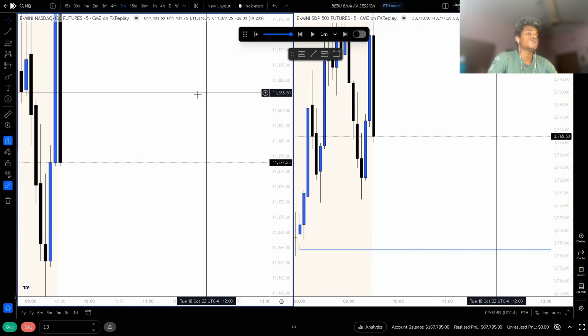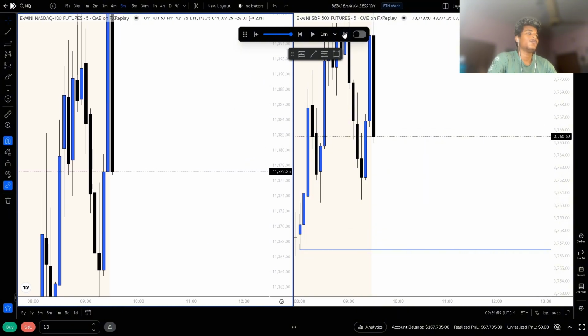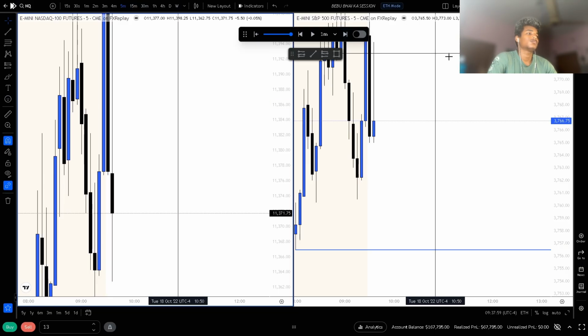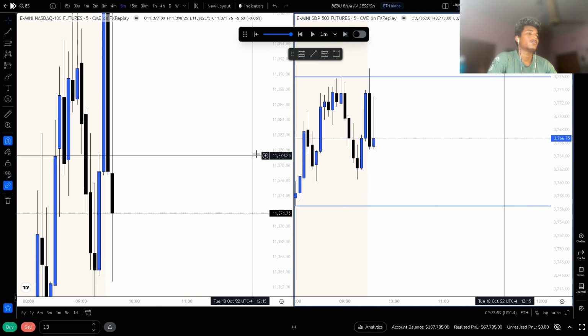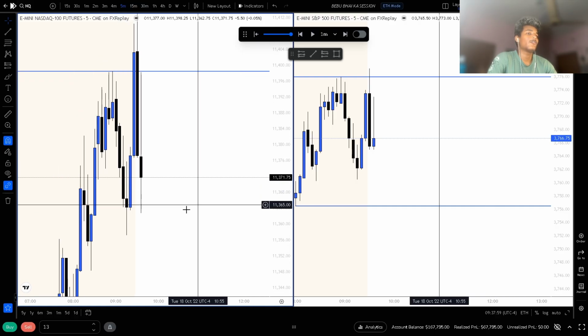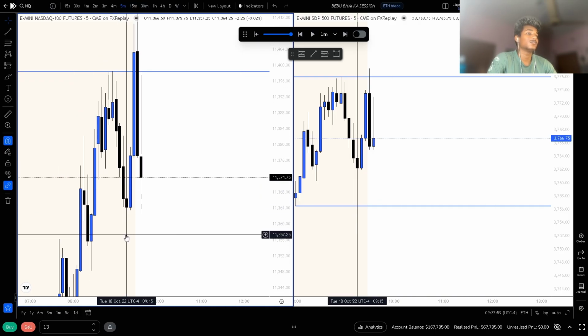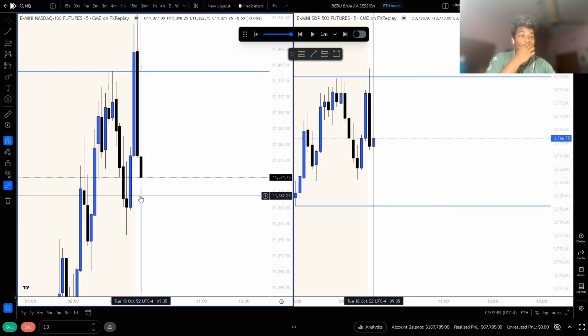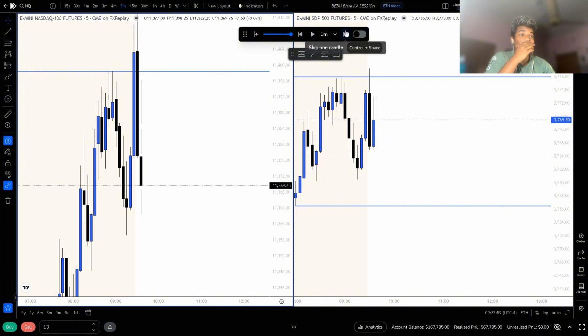I actually think that I'm gonna take this setup, and I do also think this is a very nice setup. If we did not take out this low before the closing of this candle, I will take this.